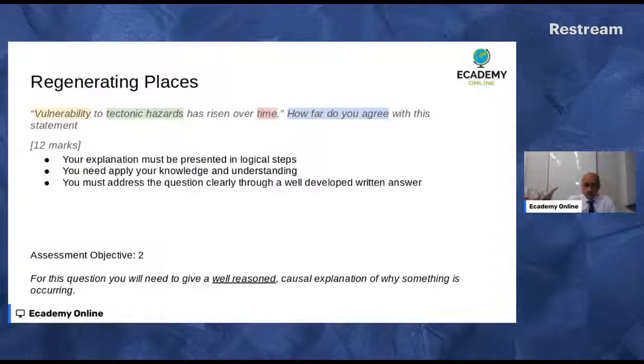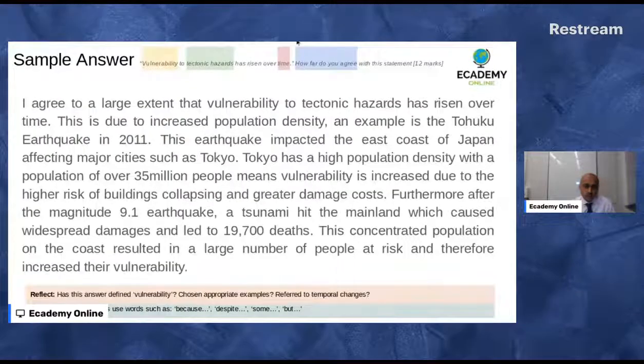So make sure that you're doing the same thing. Just break it down, and that way you'll feel like you're writing the relevant things in your answer. So let's have a look at this answer, have a read through, and you guys can tell me where this candidate has done well or not done well.